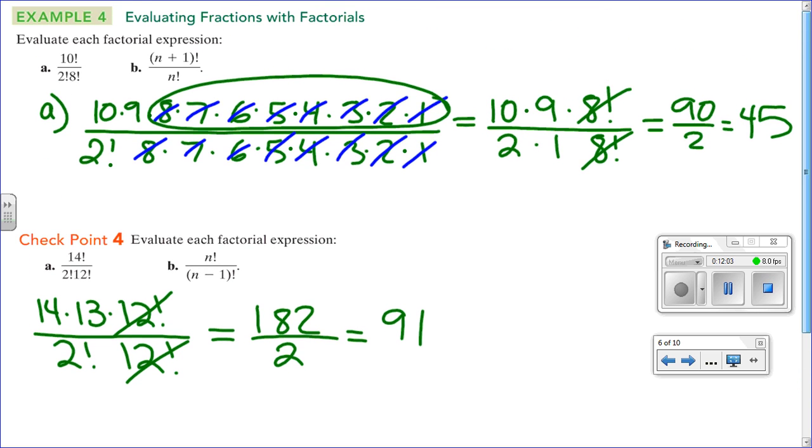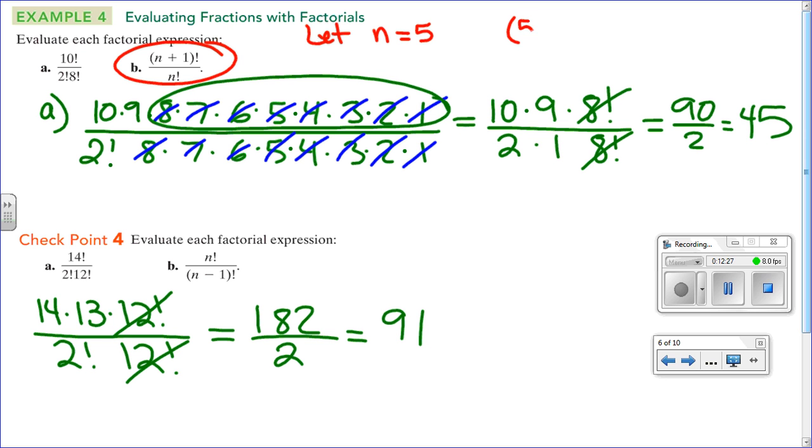Okay, now let's go back to the ones that have letters, all right? Now don't worry, it's not the end of the world. So if I had told you let n be 5, right? How would you write this expression here? It will be substitute.